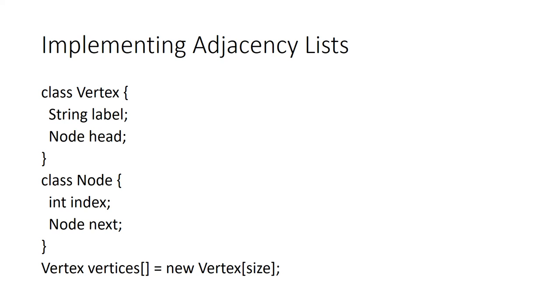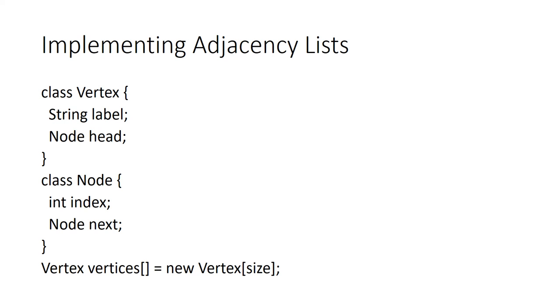And then I have a linked list going out from this vertex, so that's going to be to a node, and I call that head. So I have a list starting from head of type node. And then you see I have a class node, and it has an integer that I call index, and that's going to act as an index back into the array of vertex when I get that far. And it can be a linked list, so it has a next pointer.